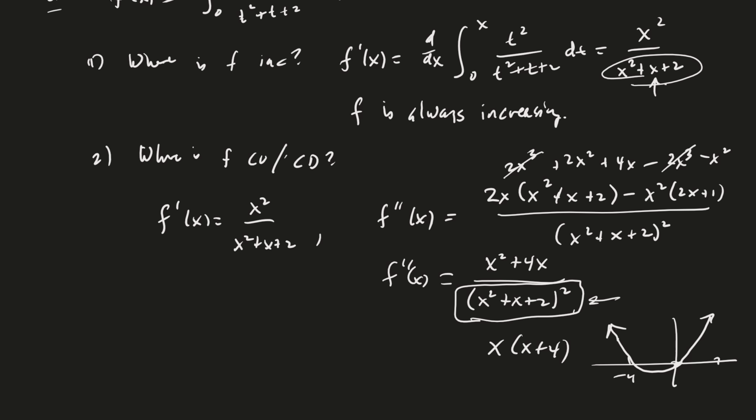Good. So therefore, if x is less than negative 4 or greater than 0, concave up. If x is between minus 4 and 0, concave down. Very good. So those were some fun problems to work on.